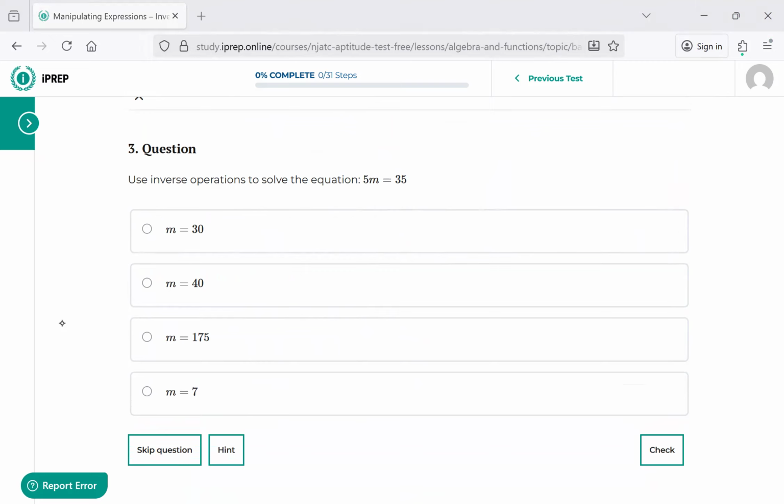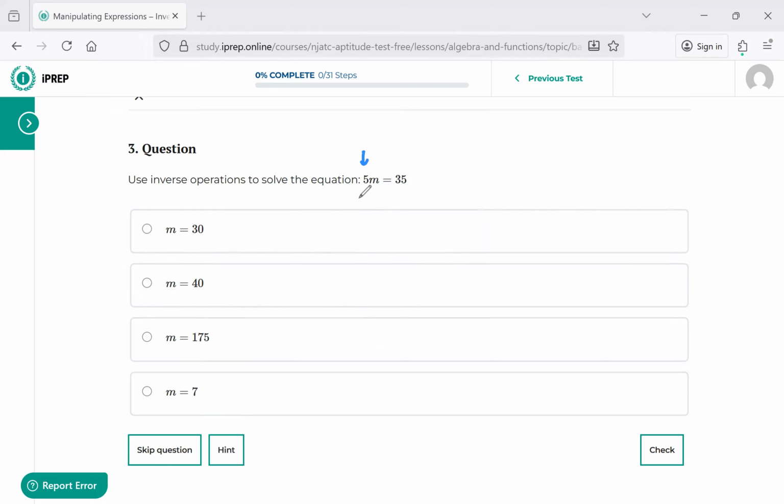Let's do question 3. We have 5m equals 35. You want to solve for m. So all I got to do is get rid of this 5. A lot of people think you can get rid of this 5 by subtracting 5, but you cannot do that. Because you have this m here, if you subtract anything, you would have to subtract that m as well.